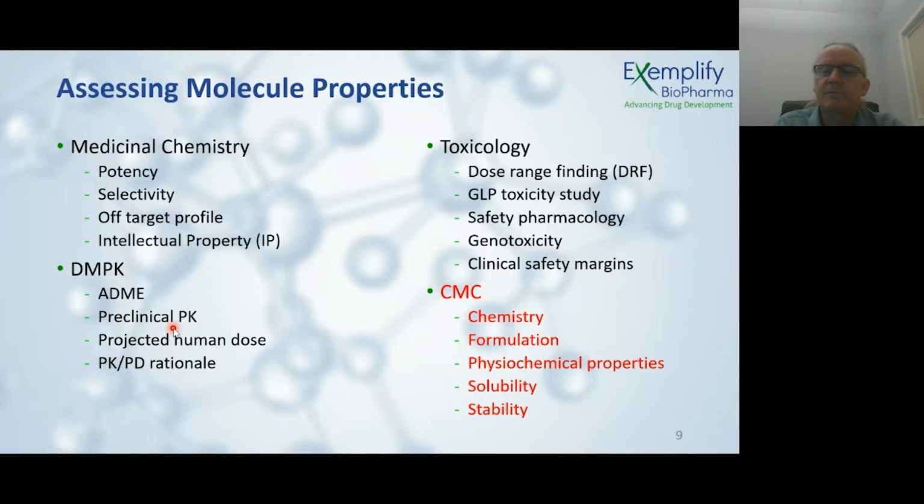Typically, solubility is the one that folks really spend a lot of time trying to understand, especially for molecules that have poor solubility, because it can give you some clues as to how you might want to formulate it or what types of formulations are necessary. And again, you need to understand the stability in terms of making sure that this molecule is stable enough to have a reasonable shelf life if it's successful.